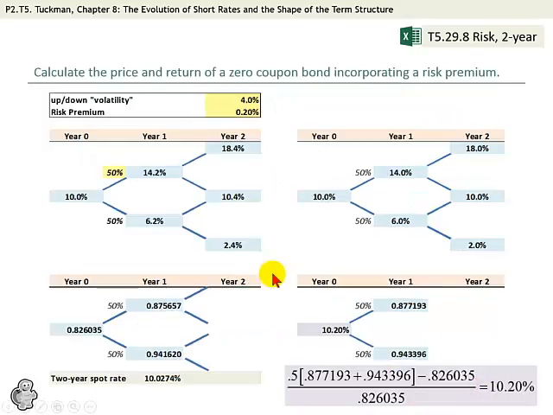So Tuckman sort of proves that this works. It's sort of self-fulfilling, of course, but by showing that the expected 1-year return for the buyer of this bond who has this risk aversion is in fact going to be not the 10%, but 10% plus that risk premium.